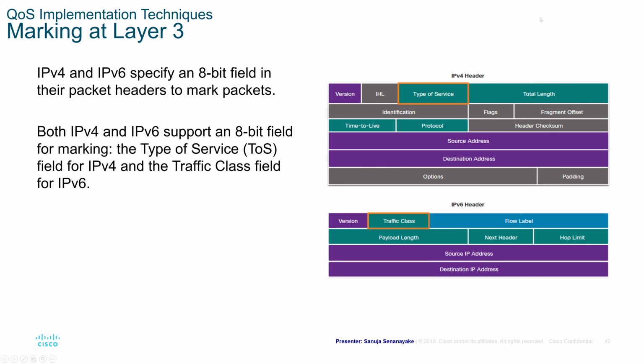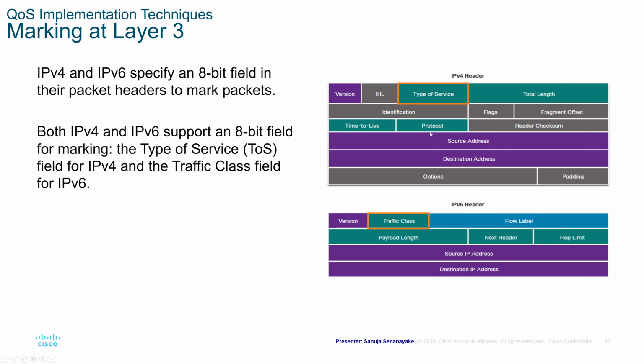On the right-hand side, we have an image of the IPv4 packet header and the IPv6 packet header. In IPv4 we have the type of service right before the total length, and in IPv6 the traffic class shows up between the version and the flow label. So in IPv4 the layer 3 marking is called the type of service, and in IPv6 it is called the traffic class.